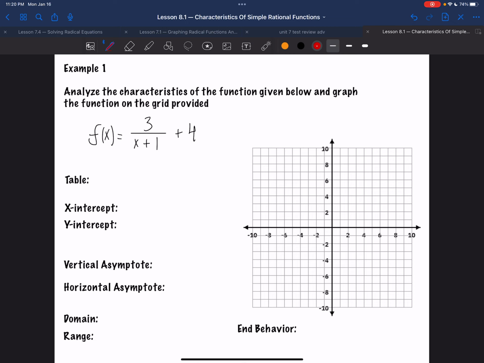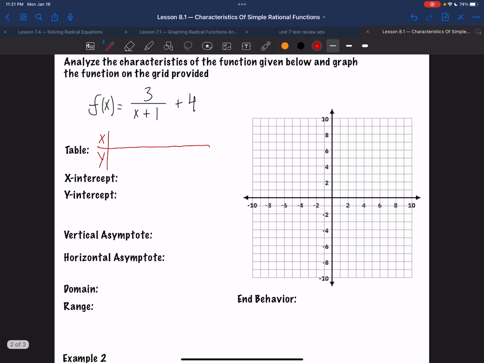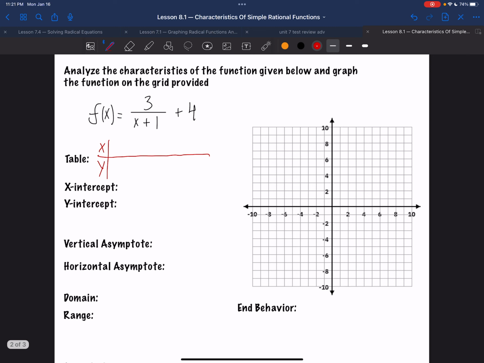So let's analyze the characteristics of this function given. Got f of x equals 3 over x plus 1 plus 4. Okay. Well, we can make a little table here, x and y. But honestly, before you make a table, I would get down the vertical asymptote and horizontal asymptote.